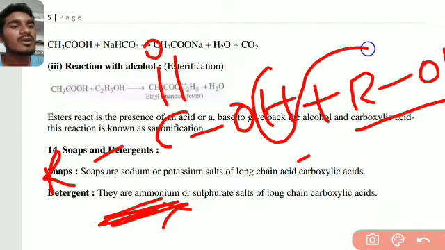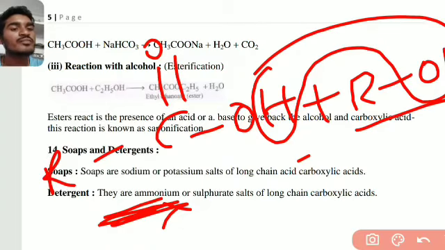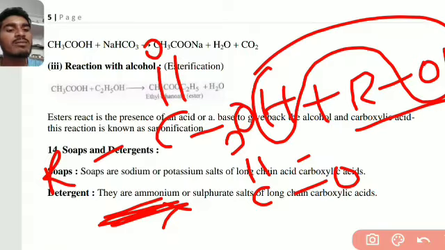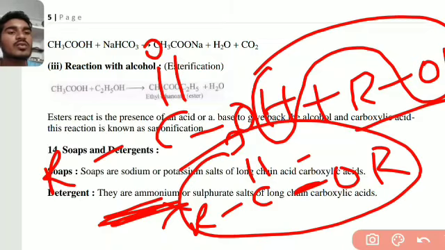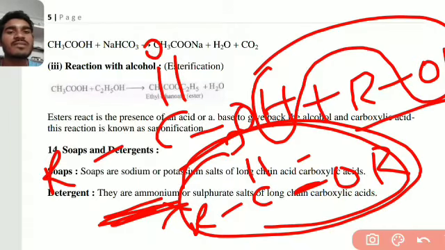Water is removed, H2O, and then we add C double bond O plus OR. This is the ester formula. So esterification means the treatment of carboxylic acid plus alcohol gives ester. This is the esterification process.